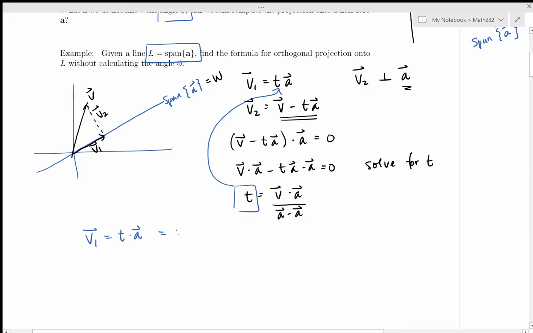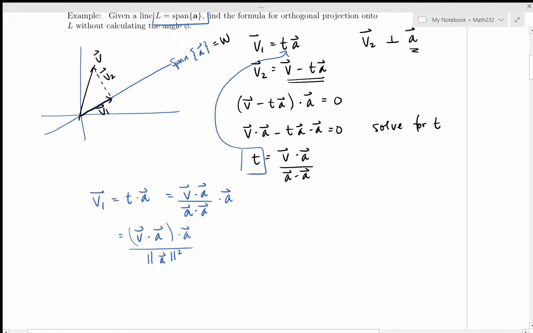It is V dot A divided by A dot A, and now I multiply by A. So that's V dot A multiplied by A divided by the norm of A squared, since A dot A is the norm of A squared.